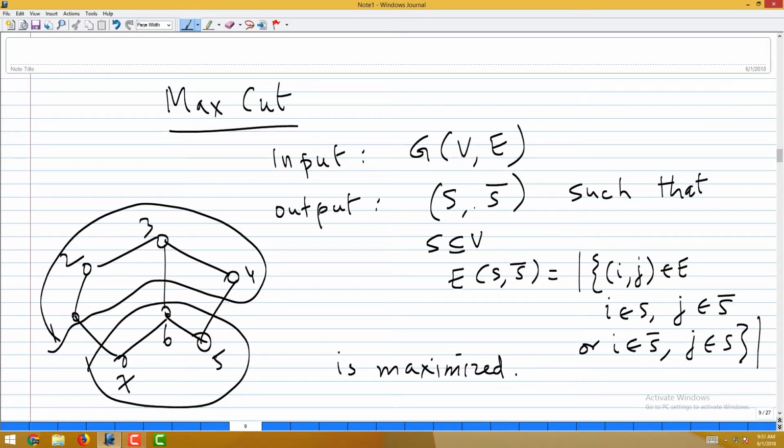So what is the exact experiment you do? For each vertex, I toss a coin. If it comes heads, I will put it in S. If it comes tails, I will put it in S bar. You want a partition. So let's fix these two sets, and I will decide who goes where randomly.